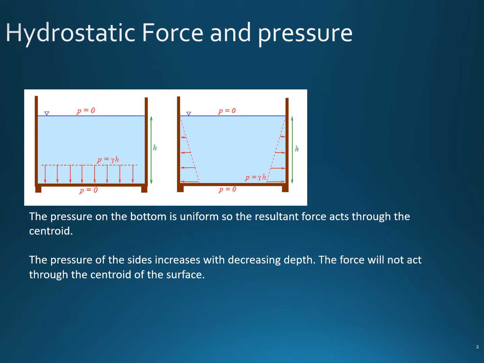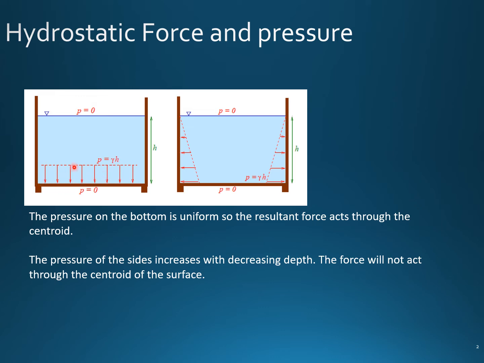Now, at the bottom of the tank, the height of water is the same at all different points. Everywhere the height is the same. So you measure the height at this point, which is h, or at this point, or at this point. So h is the same, and that's why the pressure is uniformly distributed.